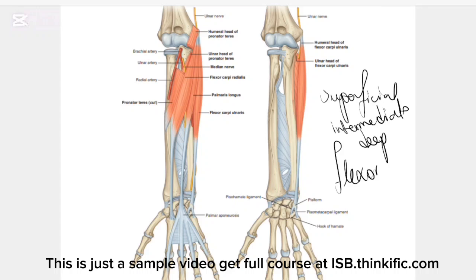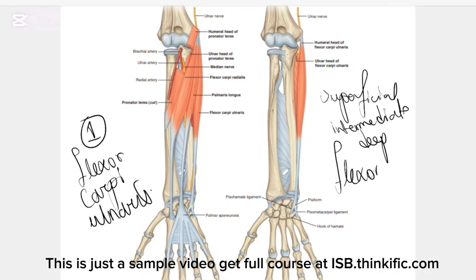And in general, all of those muscles in the superficial, intermediate, and deep layers are supplied by the median nerve, except the flexor carpi ulnaris, that's one muscle, and the ulnar half or medial half of flexor digitorum profundus.